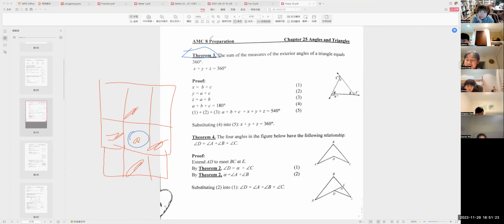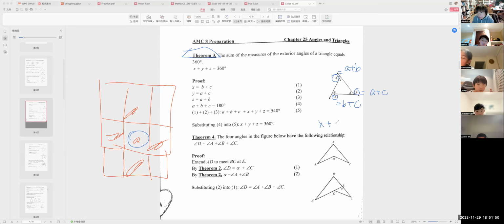Okay, so how about you copy this down? For theorem 3, the sum of all the measures of the exterior angles of the triangle, which are z, x, and y. If you add these three together, it's actually equal to 360. I can actually just prove it, because y equals what? Y equals a plus z, right? And z equals what? Z equals a plus b, right? And x equals b plus c.